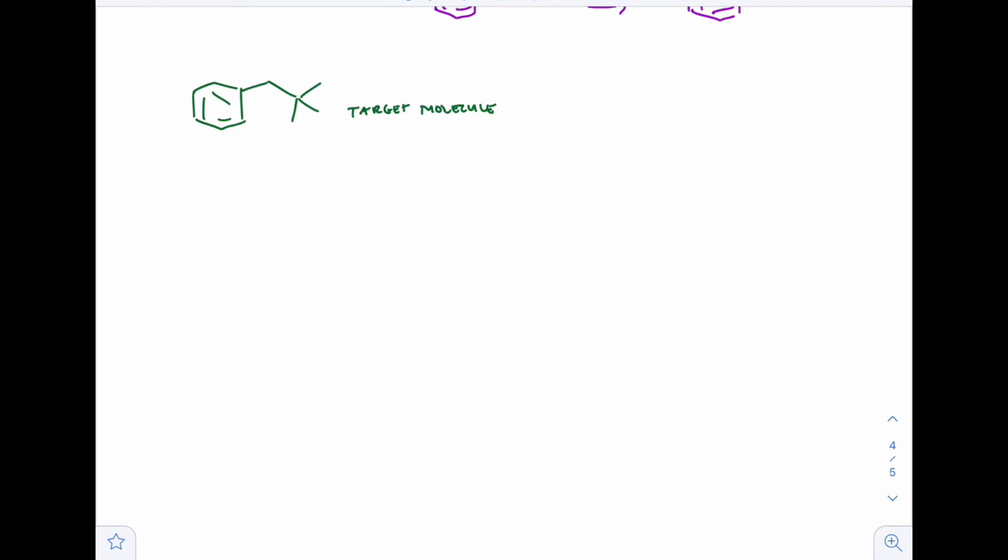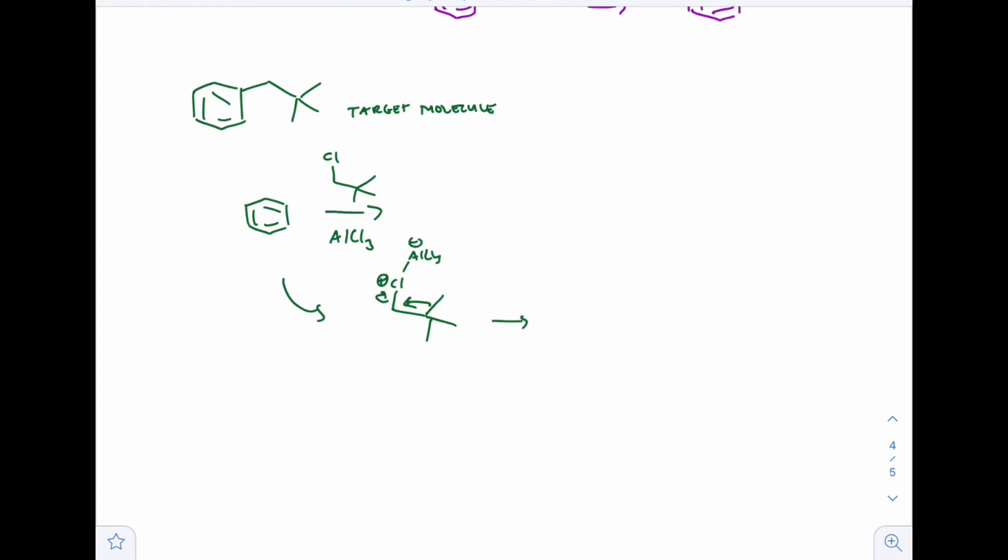And then let's say we have this target molecule. So we have benzene. Let's say we wanted to do this particular alkyl chloride, hit it with aluminum chloride as well. Well, what you're gonna get is this Lewis acid-base adduct, and then you can get a quick little rearrangement, just like a 1,2 hydride shift.